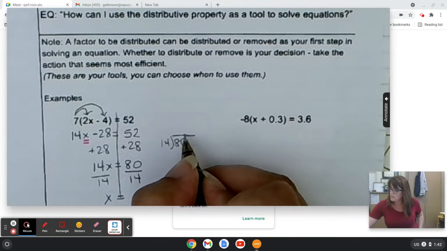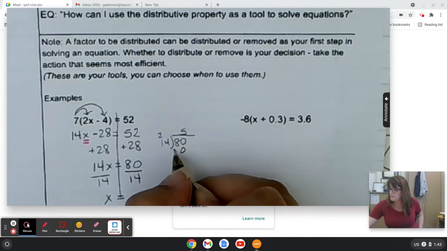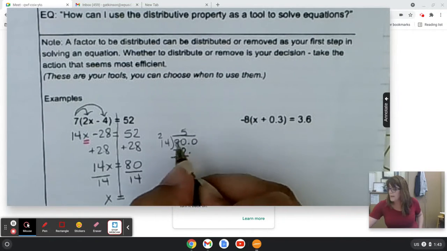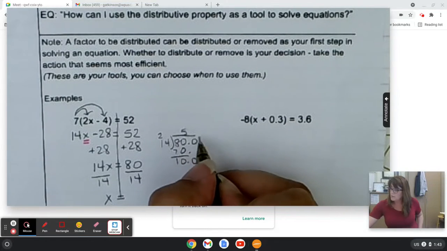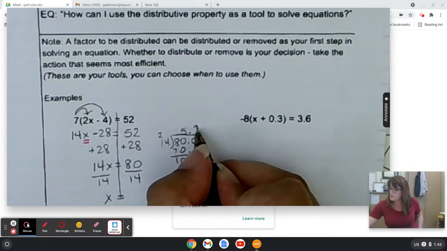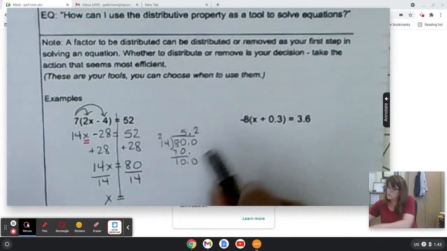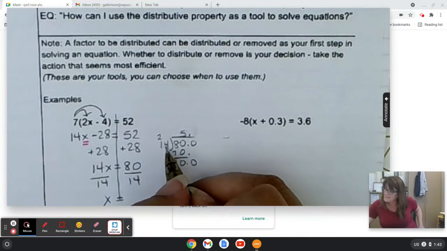Okay, I'm in good shape. How many 14s can go into 100?